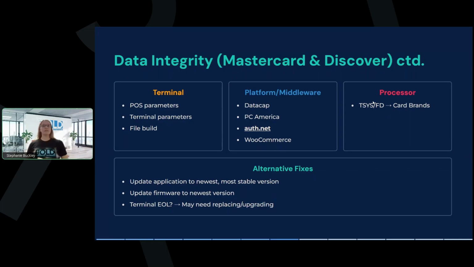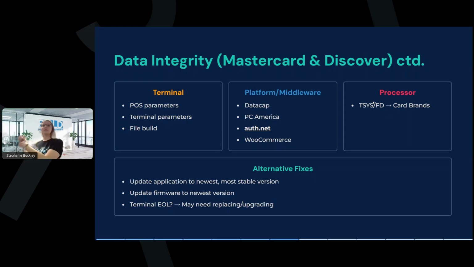Very rare instances: we did have an issue about a year ago where the information between TSYS and the card brands was incorrect. I believe it had to do with the zip code, where it was not accurate in between. So we needed to go behind the scenes and figure out what was being communicated through areas that we do not have access to.